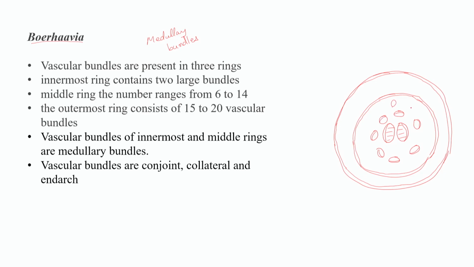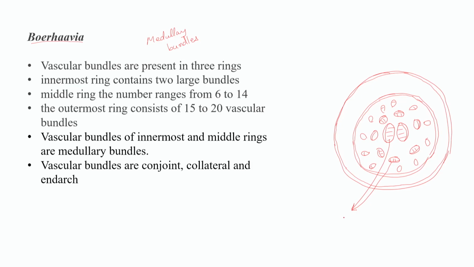Then about 15 to 20 smaller vascular bundles will be on the outer side. So that means you will see vascular bundles in 3 rings: 2 bigger vascular bundles in the center, then the middle vascular bundles, then the third ring of smaller vascular bundles.